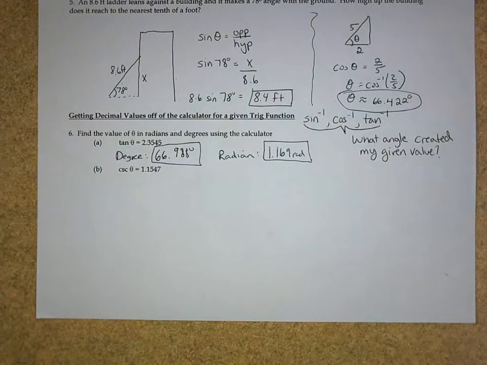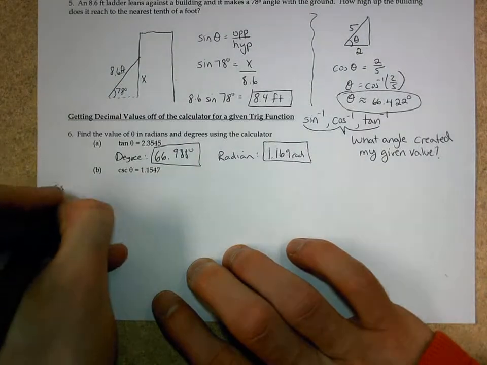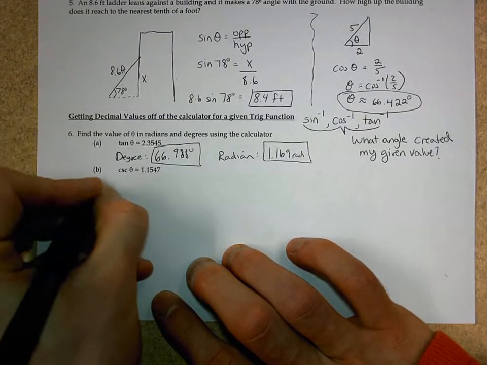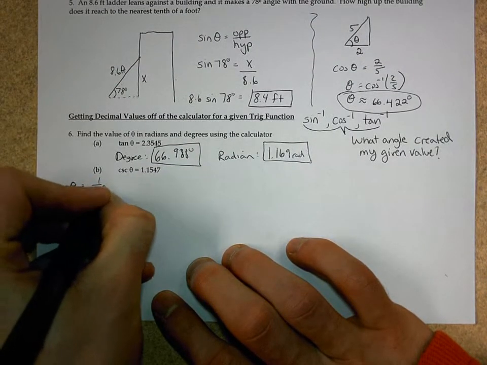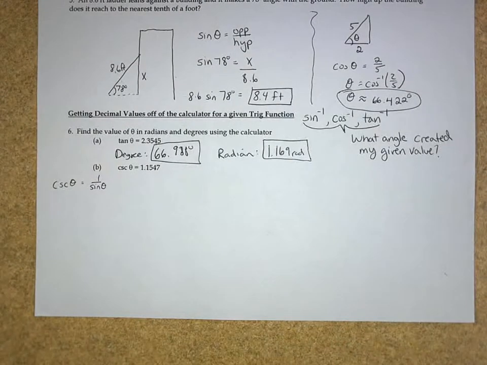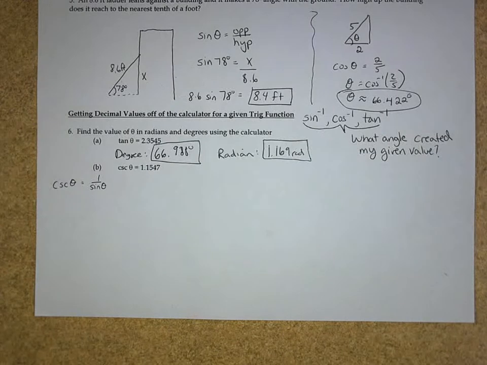So I need to use one of those three functions in order to solve for cosecant. And if you think back to your identities, we know that the cosecant of theta is the same thing as 1 over the sine of theta. So I'm going to use the relationship that sine and cosecant are reciprocals. Now, here's something that we have to be careful that we do not do.